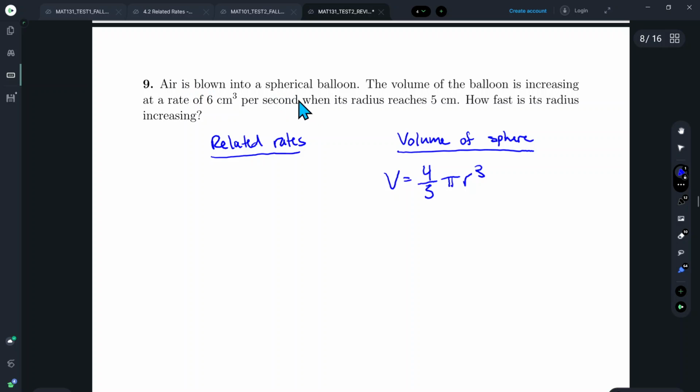Okay, so in a related rates problem, before taking a look at any of the values, what we want to do is take the equation and use implicit differentiation.